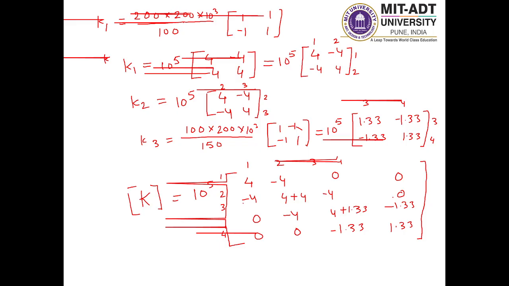Now finally I will have one relation. The stiffness matrix, which is represented by the K matrix, into the displacement matrix, which can be defined as the Q matrix, is equal to the F matrix, which is the force matrix.